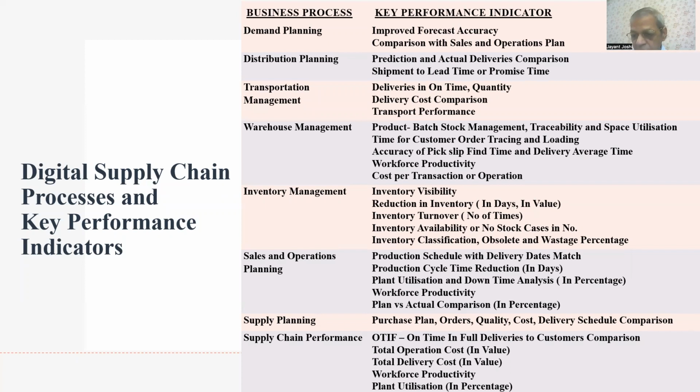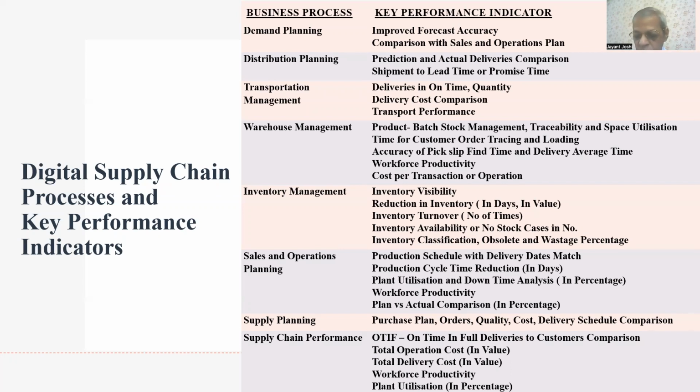Inventory classification, like ABC classification, where high-value products should be taken care of more. At the same time, there may be some products or batches which have become obsolete, that means you have produced it, you have stocked it, but there is no market demand, and you have blocked up your money.